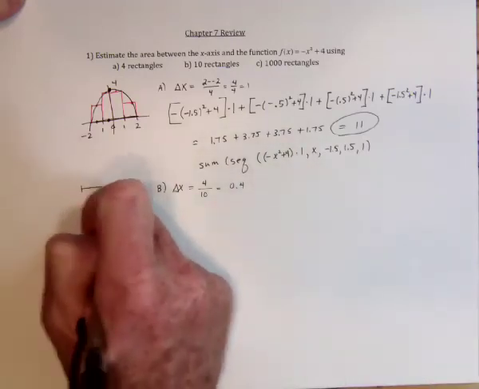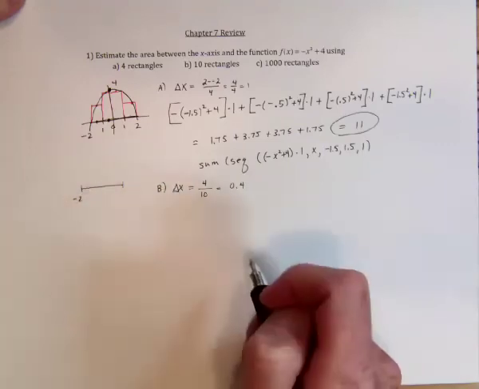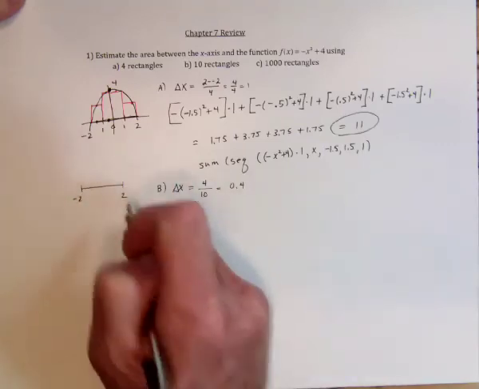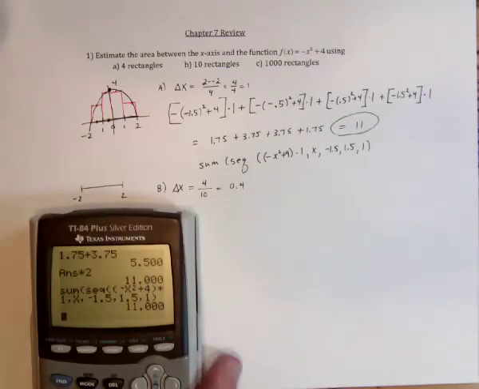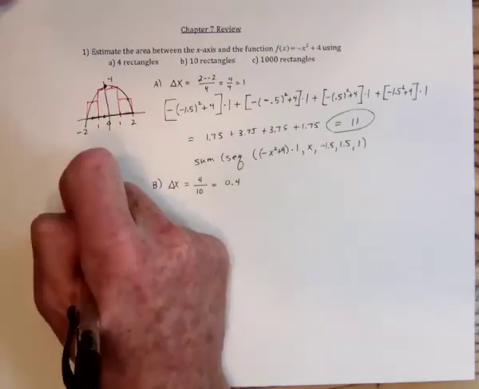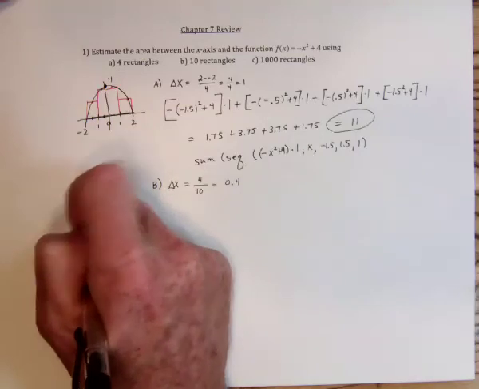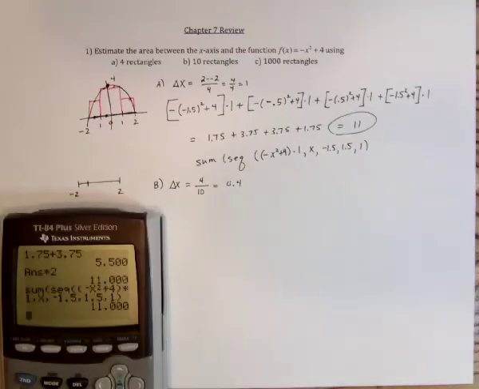Then where do I start and where do I stop? The interval goes from negative 2 to 2. So if you move over by 0.4, negative 2 plus 0.4, that's negative 1.6.